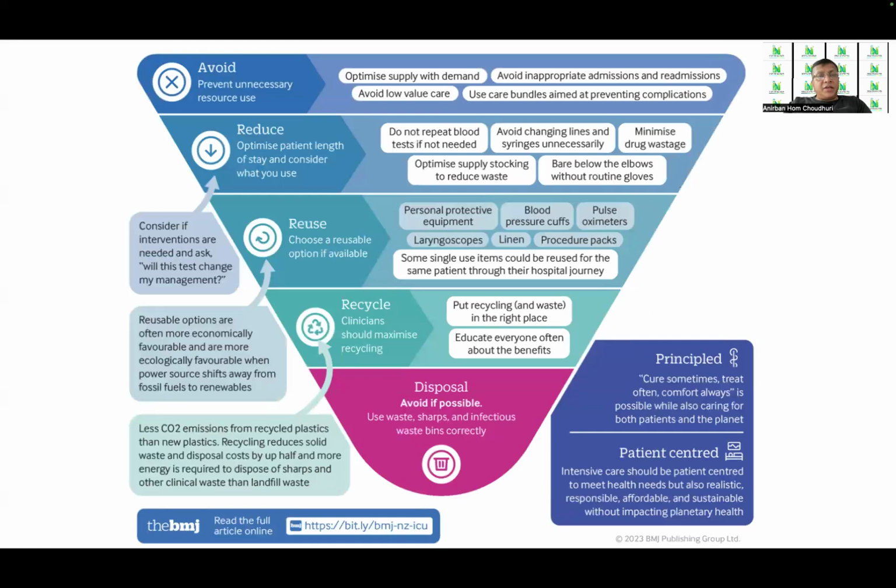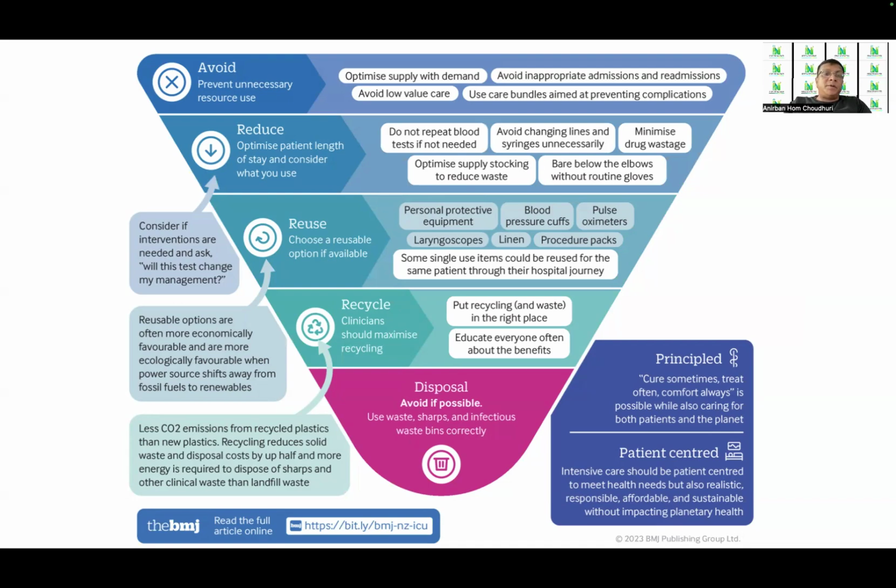If we try to analyze even more discretely, we have to avoid or prevent unnecessary resource use, optimize supply with demand, avoid inappropriate admissions and readmissions, avoid low value care, and always use care bundles aimed at preventing complications. This is necessary to prevent unnecessary resource use, which comes under the heading of avoid.